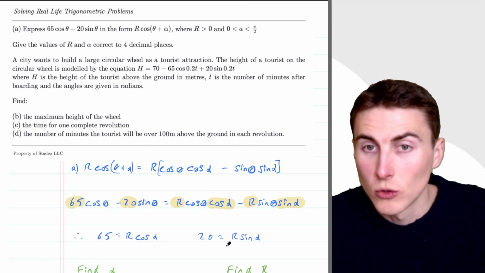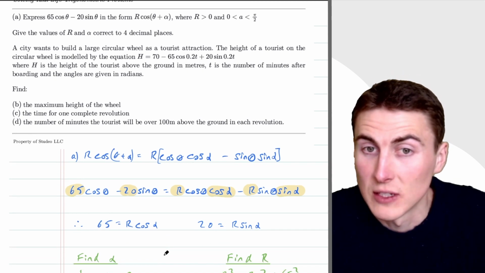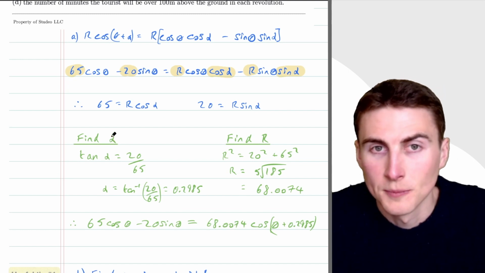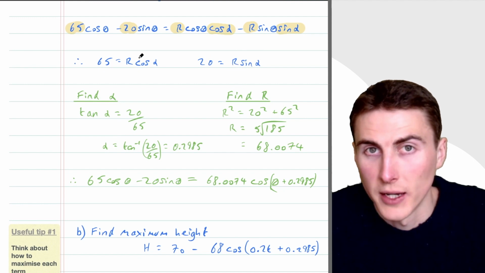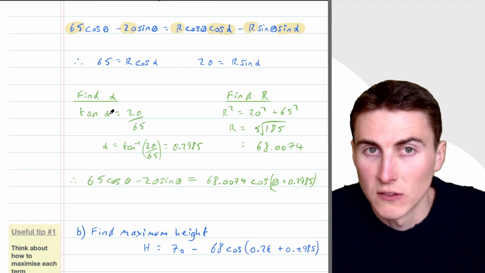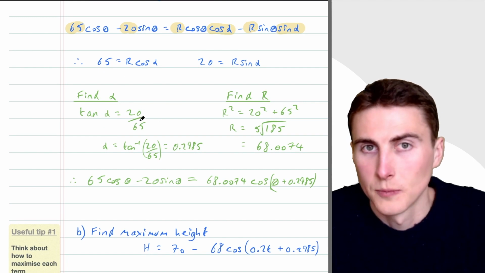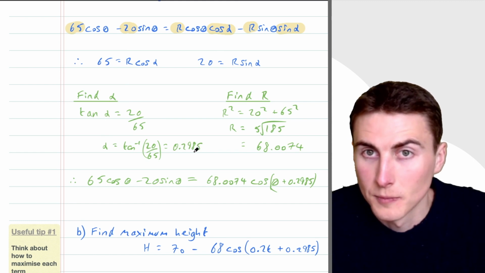So we've now got these two equations, both with r and alpha in, so we can treat them as simultaneous equations. To find alpha, we do this one divided by this one. R sine alpha over r cos alpha gives us tan alpha, and the 20 over 65 gives this. Then we just do inverse tan to find alpha.